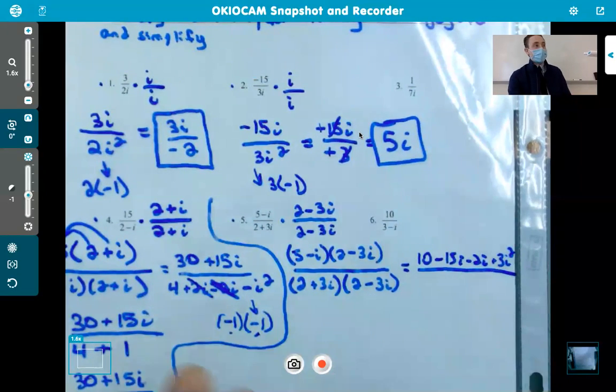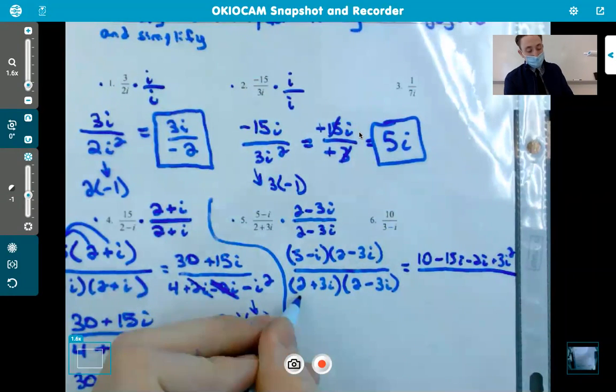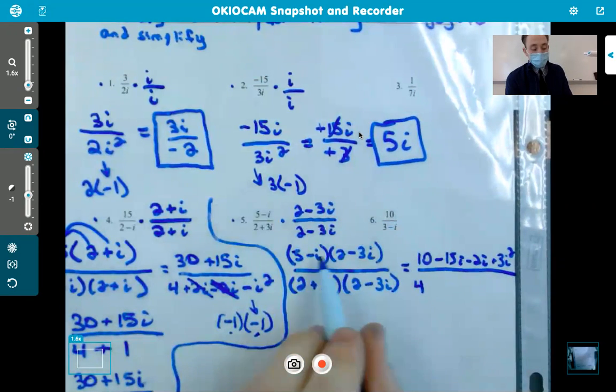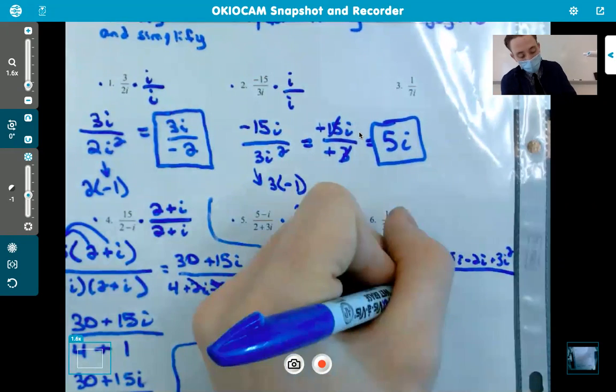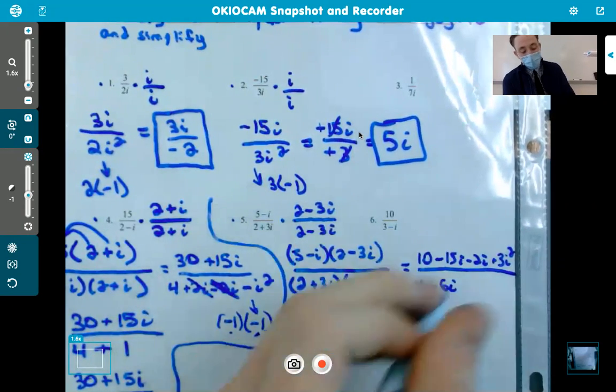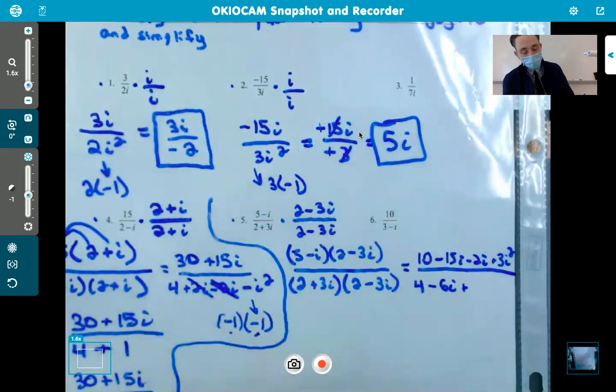I just took care of my numerator. I'm going to move on to my denominator. 2 times 2 is going to give me the 4. 2 times negative 3i gives me what? Negative 6i. 2 times positive 3i gives me positive 6i. And then positive 3i times negative 3i gives me what?